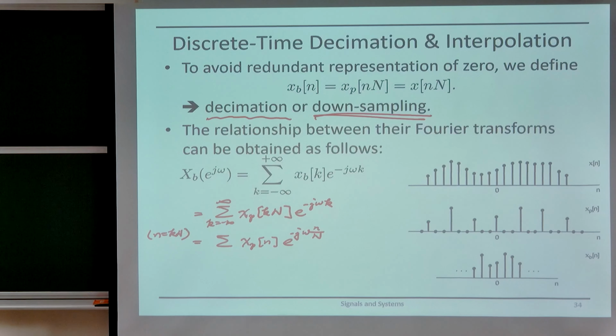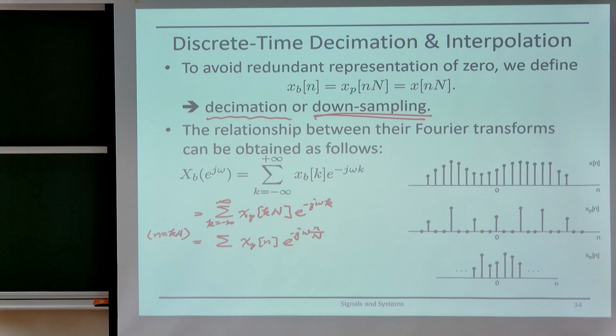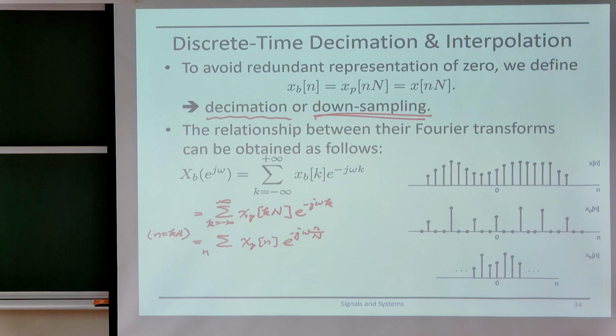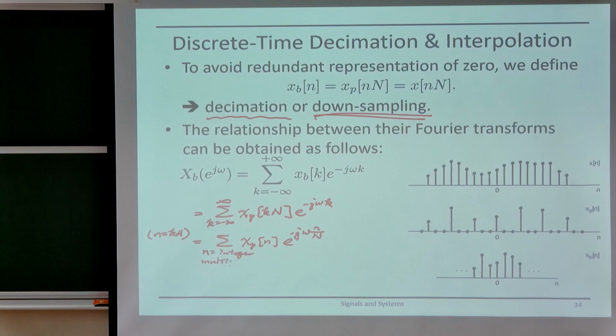But the thing is, now this should be non-zero only when n is an integer multiple of capital N. So we're not summing over all n, but summing over n that is equal to an integer multiple of capital N. Okay?